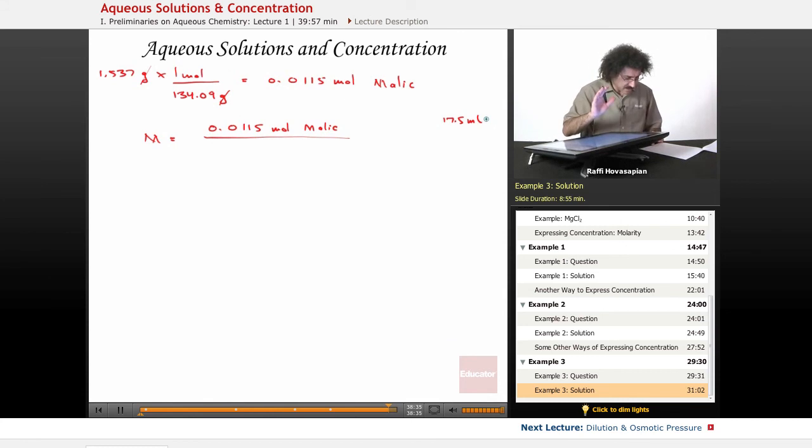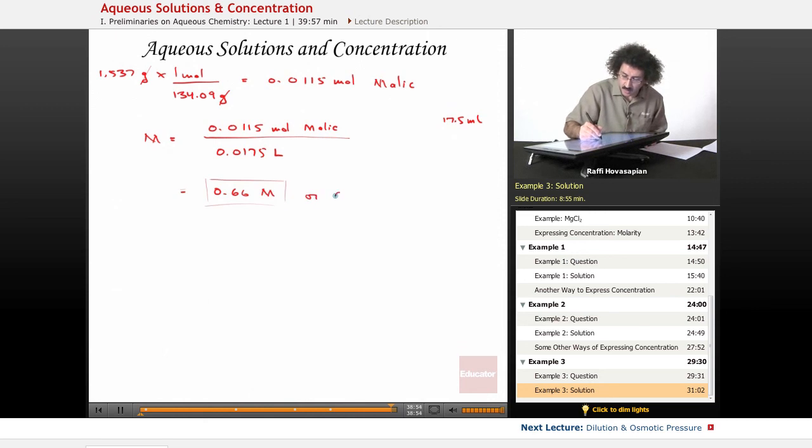The unit has to be liters, so move the decimal over 3 times. We go to 0.0175 liters. And when we do that, we get 0.66 molarity, or 0.66 moles per liter, my preferred expression for that unit.